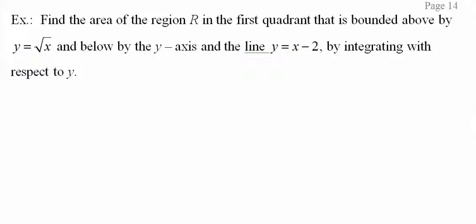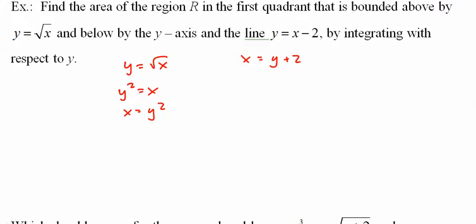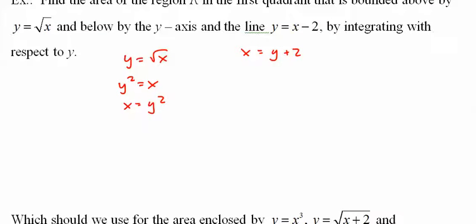This looks familiar. So we want to rewrite things. So y equals root x. That means y squared equals x. X equals y squared. Over here we'd have x equals y plus 2. Which one is bigger? Well, that's the same graph we just had.